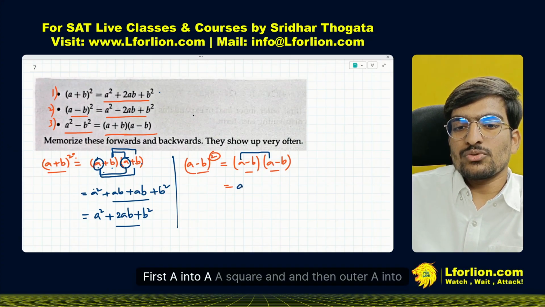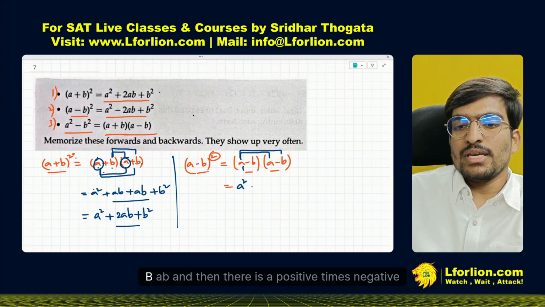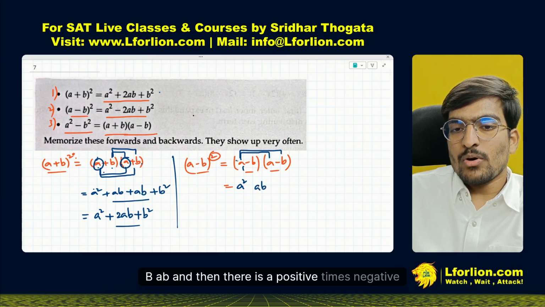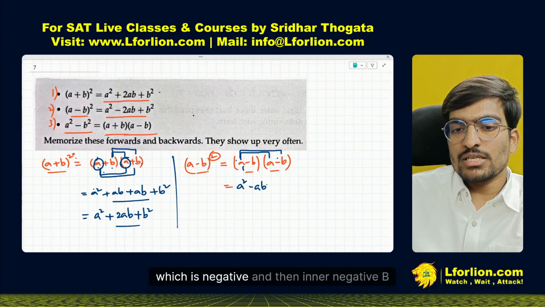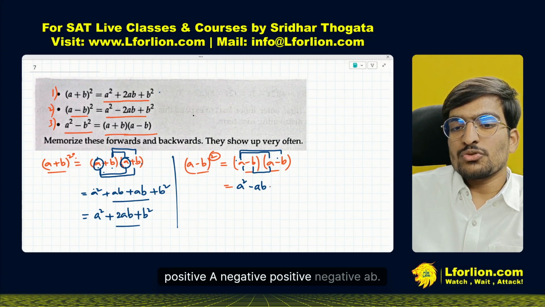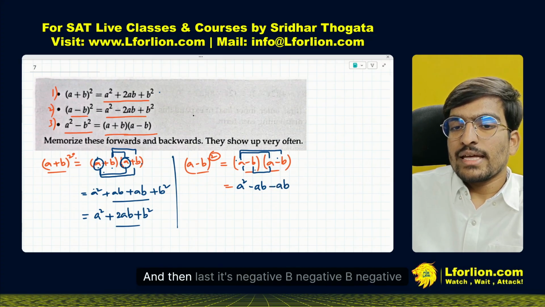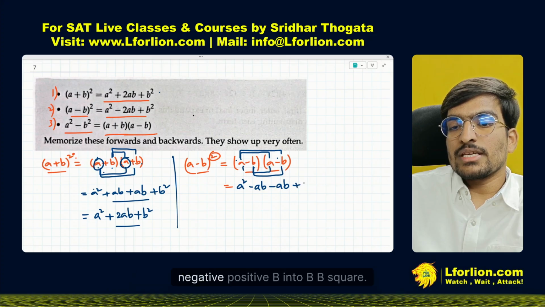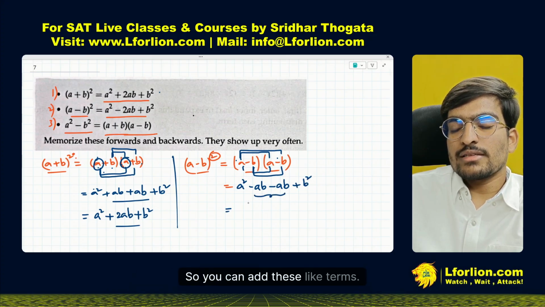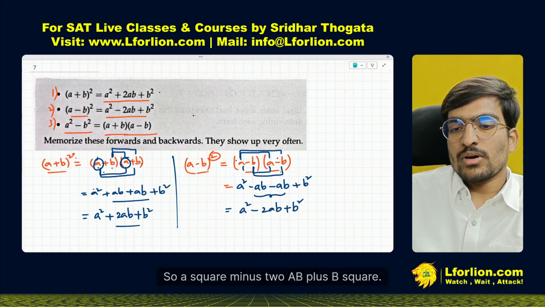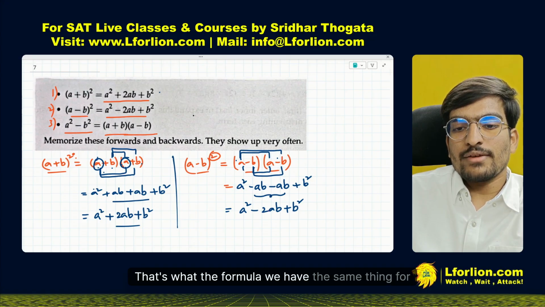First a into a, square, and then outer a into b, ab, and there is a positive times negative, which is negative, and then inner negative b, positive a, negative ab, and then last it's negative b, negative b, negative negative positive, b into b, b square. So you can add these like terms. So a square minus 2ab plus b square. That's the formula we have.